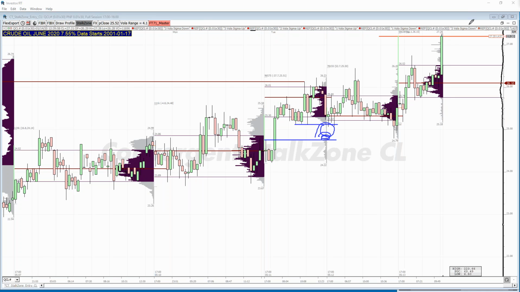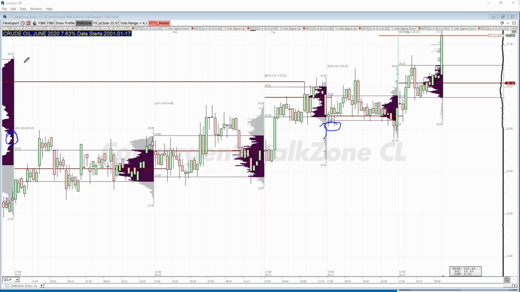This becomes a stock zone because I expect that since it rejected that price, I would expect the participants who are a part of that rejection will likely reject that price on a first test again, and that's what we see the next day. So pay attention to these low volume nodes here.